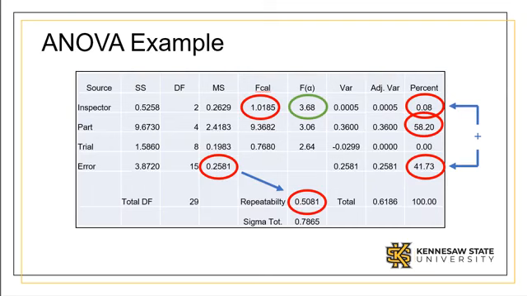If the calculated F is less than the critical F, we cannot reject the null hypothesis that there is no difference among inspectors. In other words, any reduction in measurement variation cannot be realized via the inspector. You will also notice that there is no significant contribution between trial. This means that the inspector measures each part the same way.